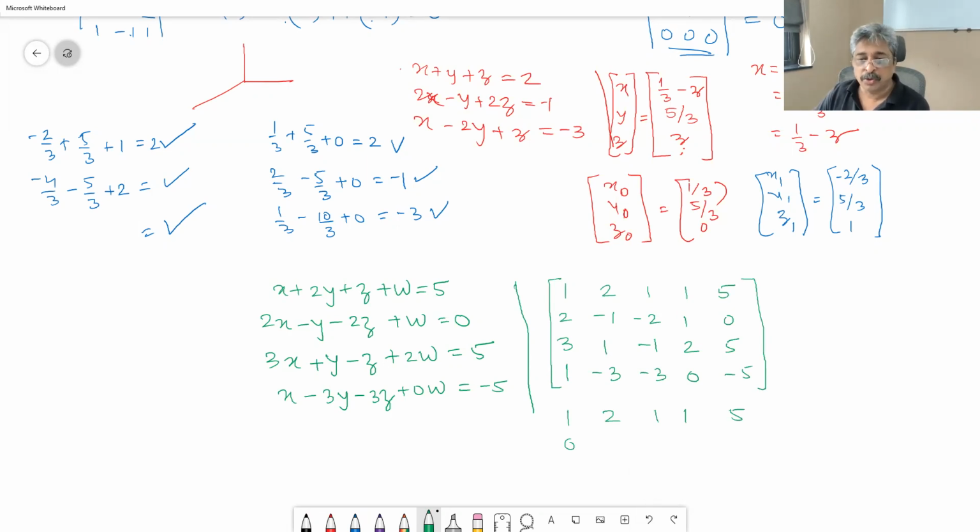2 times the first row, minus 1, minus 4, minus 5, minus 4, 9, minus 3. This minus 2, minus 1, this minus 4 times that, minus 10. 0, 3 times minus 6, minus 5. 3 now, 2, 3, 1, 15 minus 5, 10.